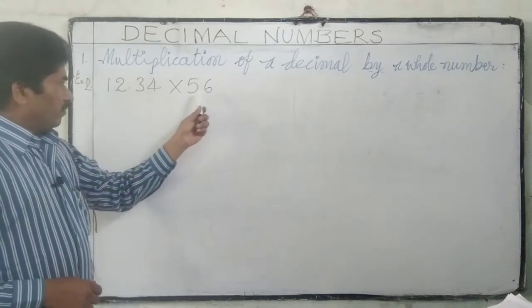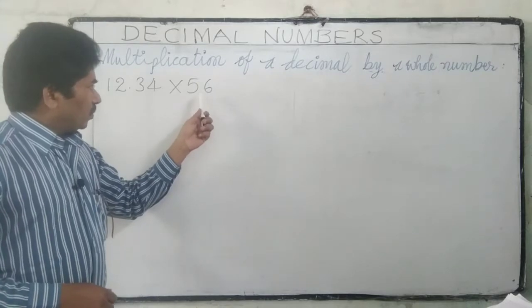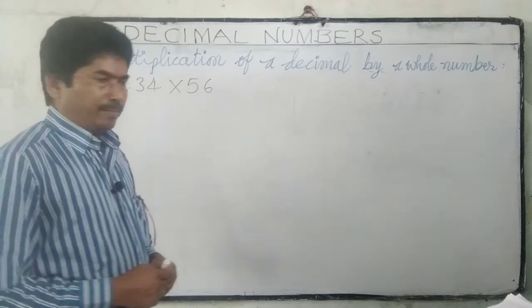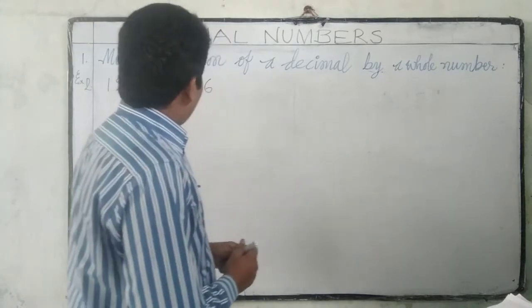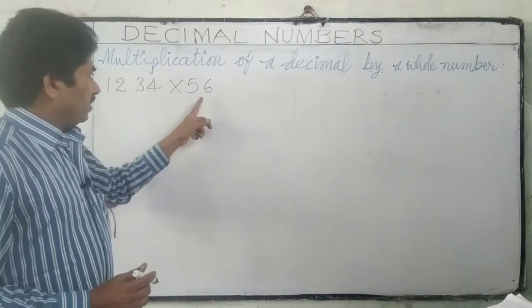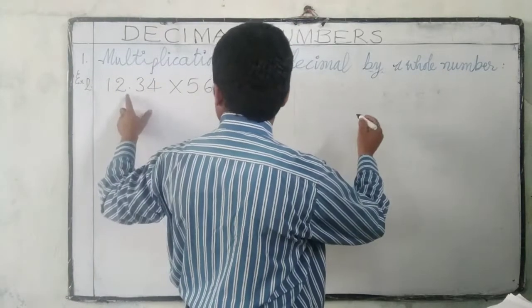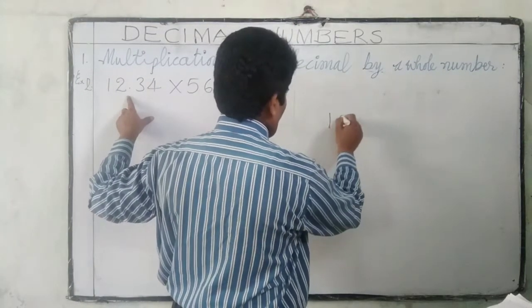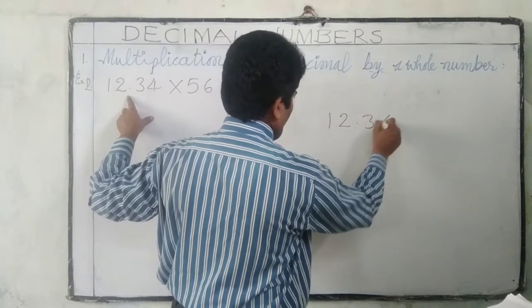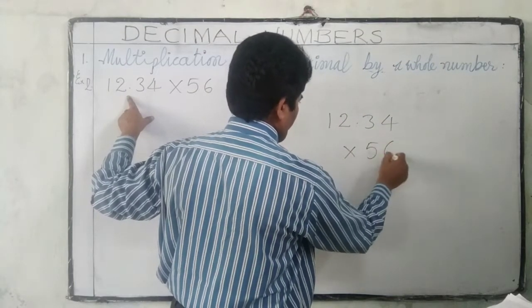Let us observe one more example. 12.34 into 56. We are multiplying now a 2-digit whole number. First we have to write this decimal number and whole number as a column. 12.34 into 56.